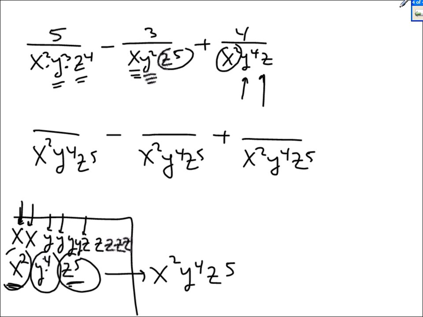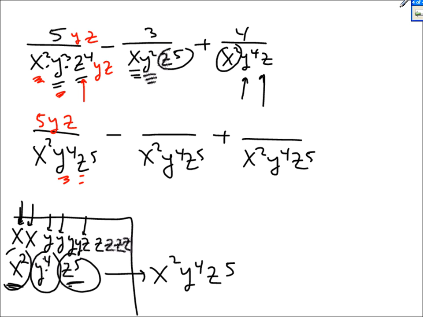The first denominator on top: we have the y cubed, the x squared. We need y to the 4th, but we only have 3 of them. The top and bottom get multiplied by y. I need z to the 5th, but I only have z to the 4th. So top and bottom get multiplied by z. That gives me my 5th z. So the numerator is 5yz minus.